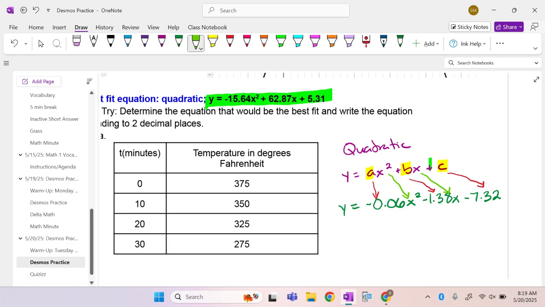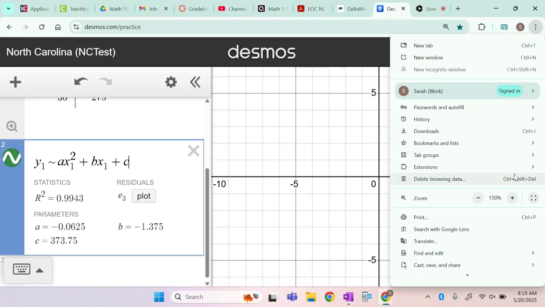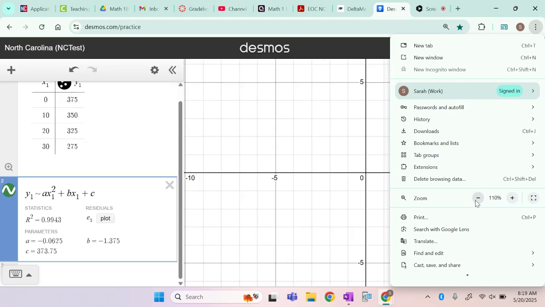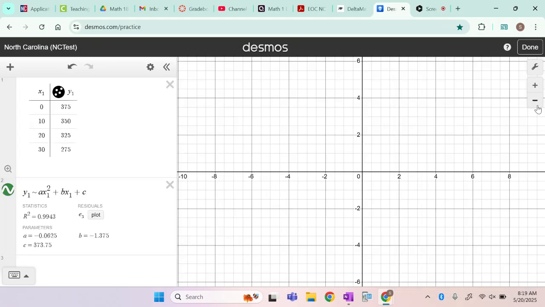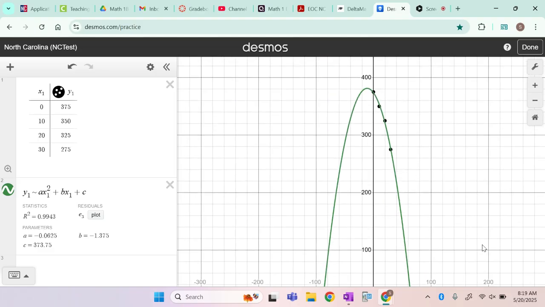Now, here's also where the regression equation comes in handy. It's not on this paper, but this is something you may want to note. Let me zoom out a little bit, because you don't really need it for this. Desmos automatically graphs your points, so your scatter plot, as well as your regression equation.